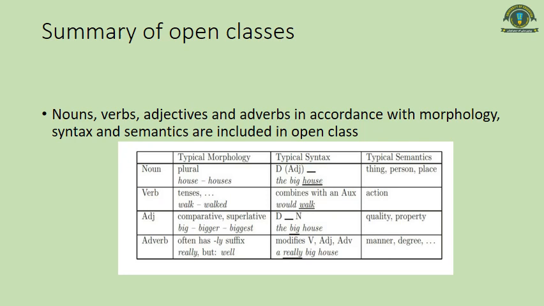And typical semantics, if we say that nouns are things, persons and places, and verbs are actions, and adjectives are quality or property, and adverbs are manner and degree. So these four categories, we can say that have the capacity to have some innovations.